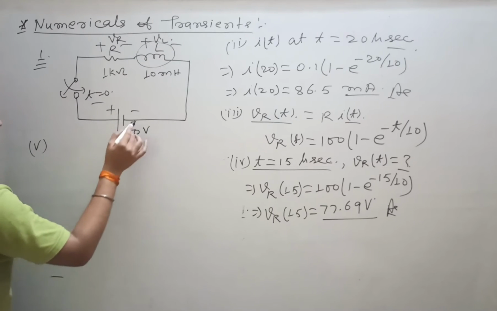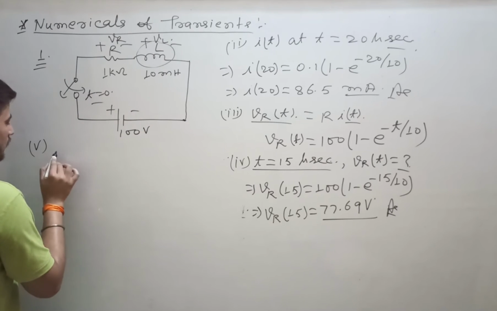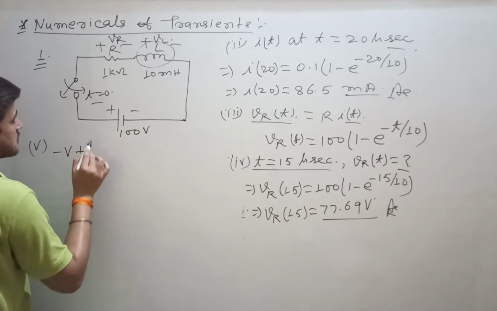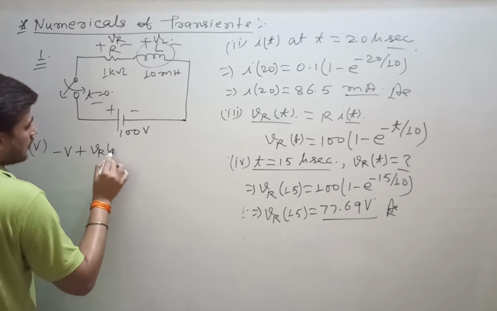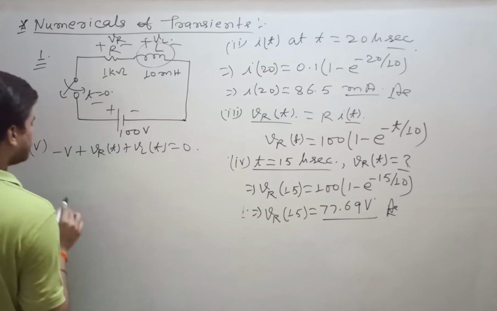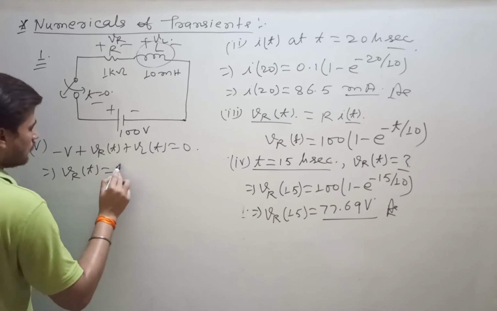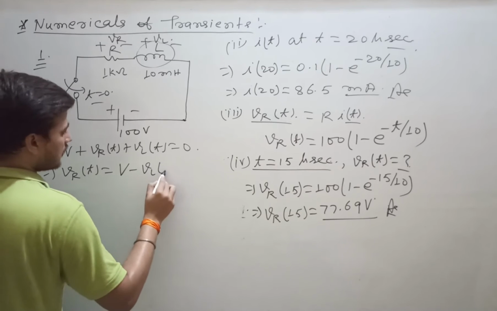You know, if you apply Kirchhoff's voltage law, start from this point. Here it will be minus V plus VRT plus VLT will be equal to 0. From here VRT will be equal to V minus VLT. Clear?